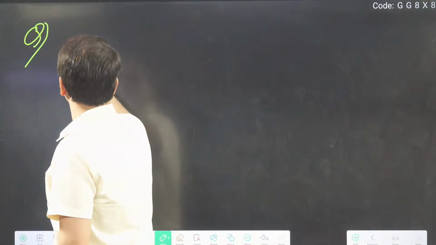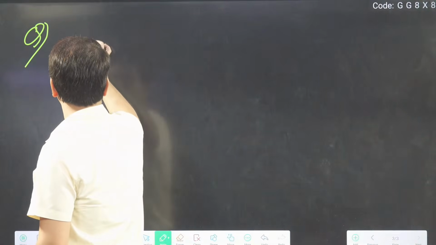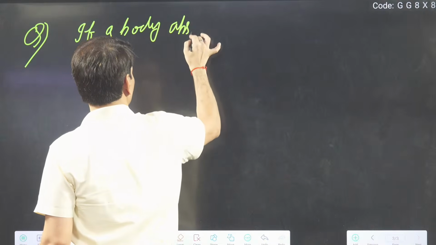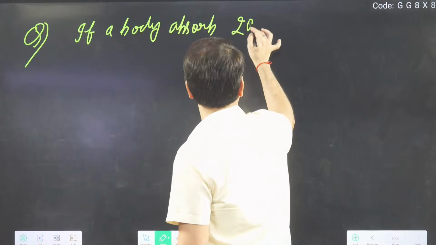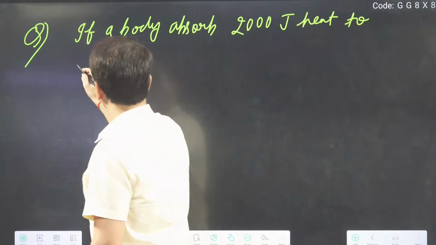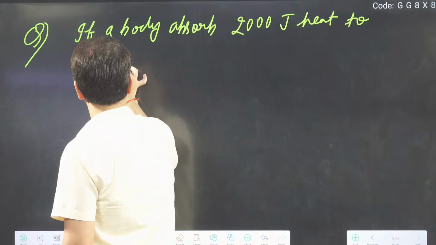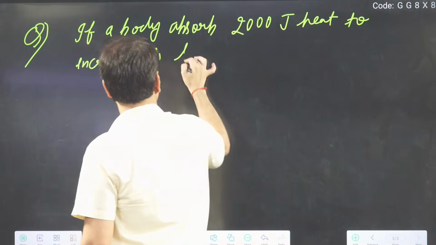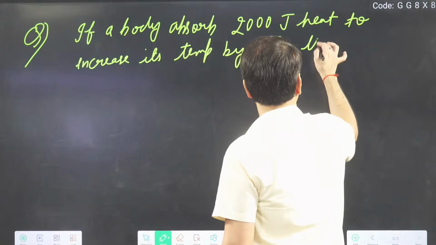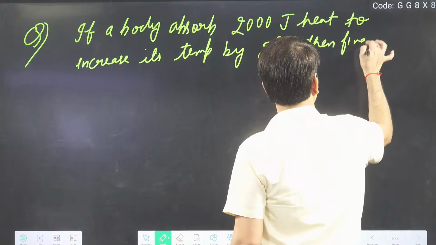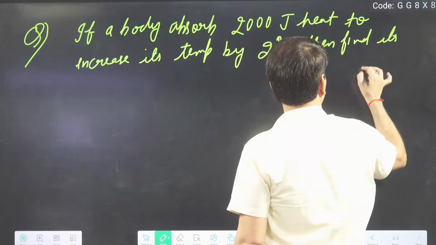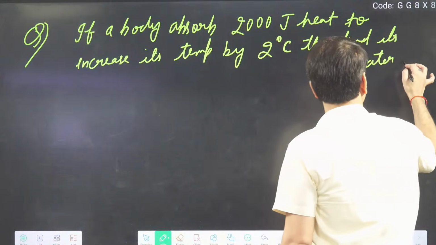Next problem. If a body absorbs 2000 joule of heat to increase its temperature by 2 degrees C, then find its water equivalent.